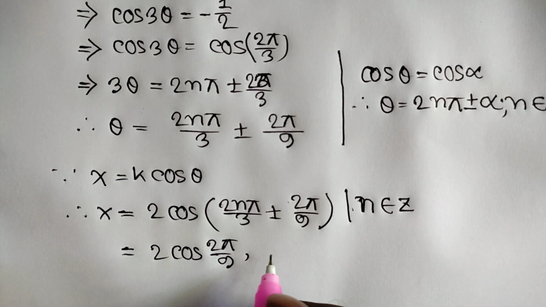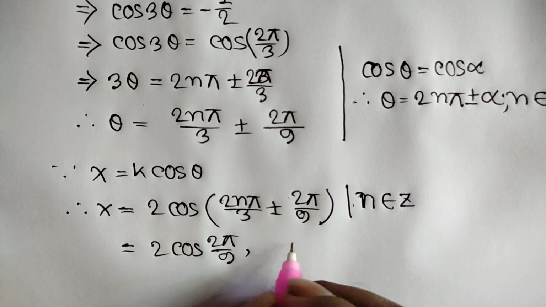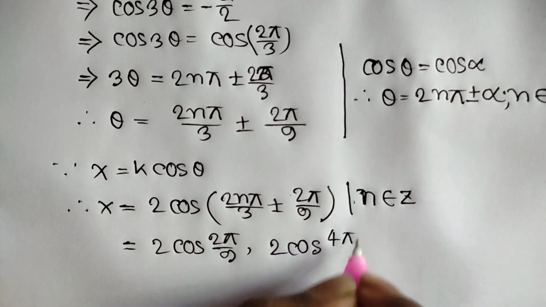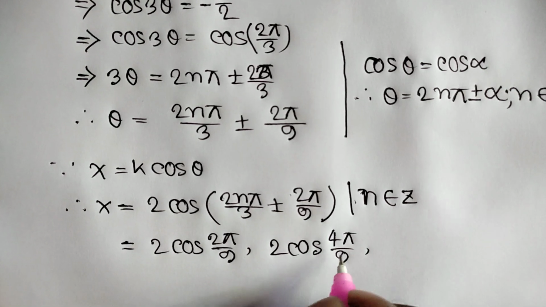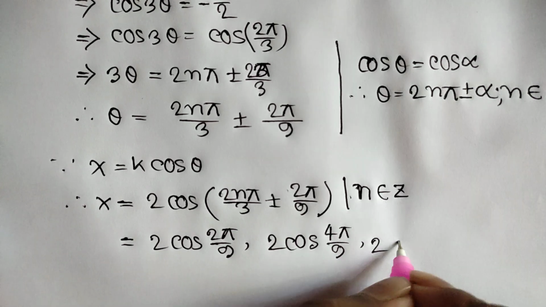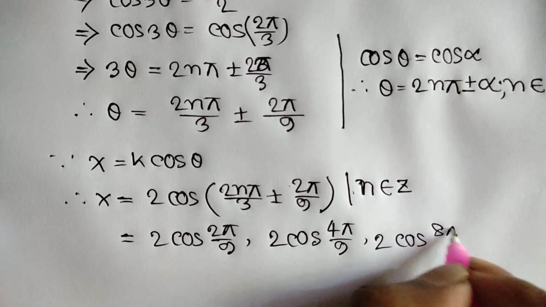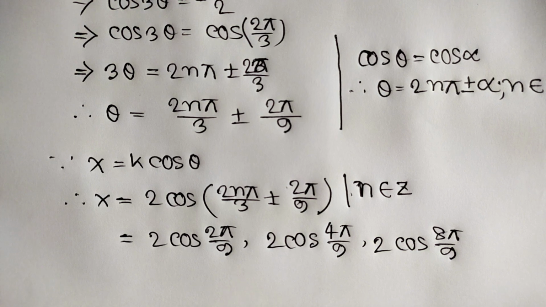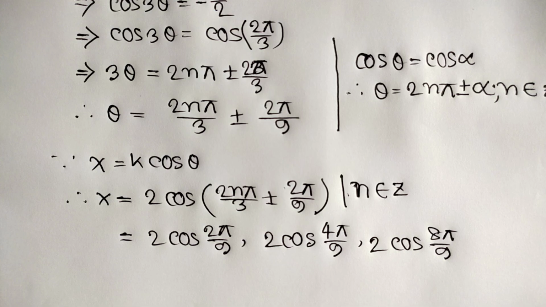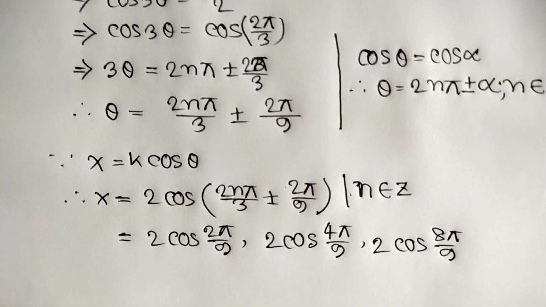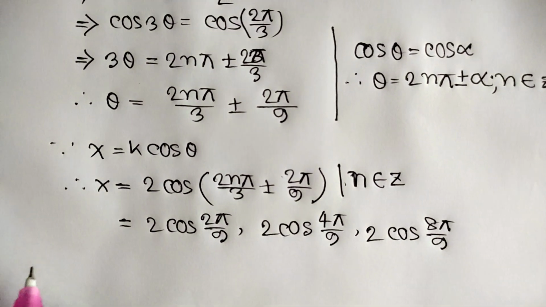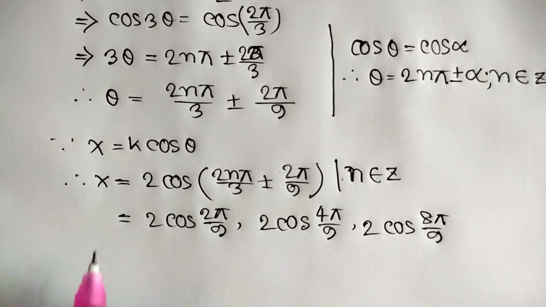And when n is equal to 1 and for negative, it will be 2 cos 4 pi by 9, and when n is equal to 1 and it will be positive, it will be 2 cos 8 pi by 9. And for the rest values of n, after simplifying this expression, every term will return one of these values. So these are the distinct values for every n.